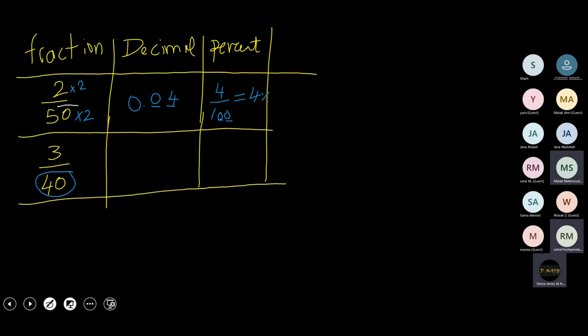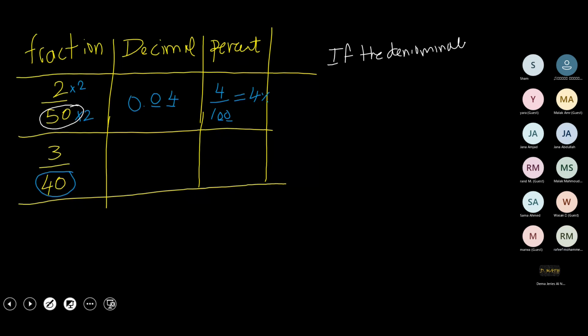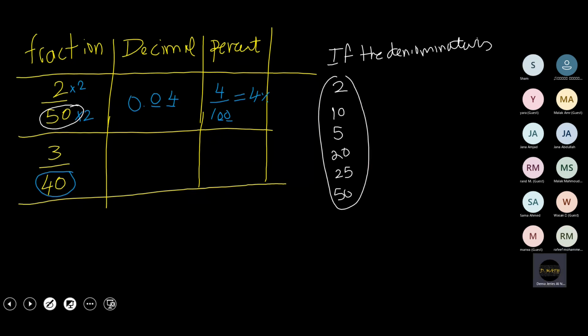I told you, if the denominator can't be multiplied to get 100, we divide. But if the denominator is 2, 4, 5, 10, 20, 25, or 50, we can rewrite it directly.